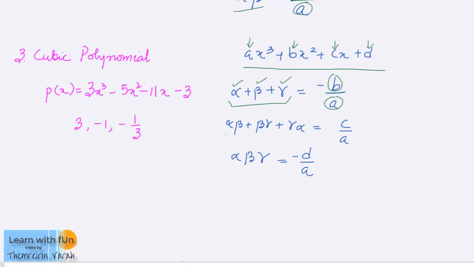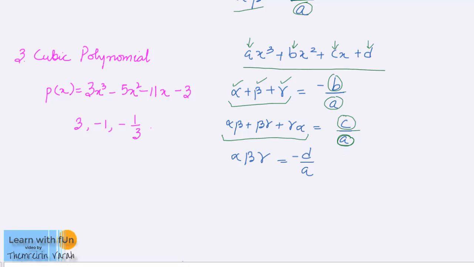The sum of the products of zeros taking two zeros at a time, alpha into beta plus beta into gamma plus gamma into alpha, will be equal to coefficient of x upon coefficient of x cube, which is c by a.